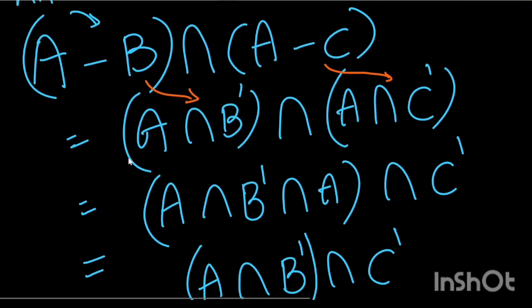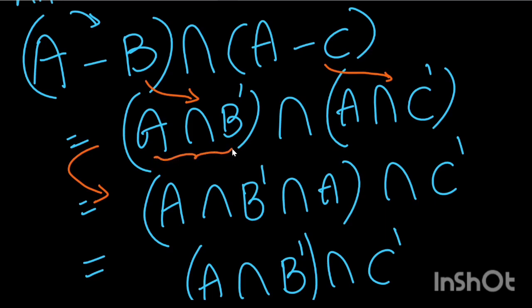Okay, now from here to the next step, A intersection B dash intersection A intersection C dash. If we consider these as separate sets, you can see it as three sets connected by intersection. So using the associative property, we can associate A intersection B dash with A, and intersection C dash as it is, guys.